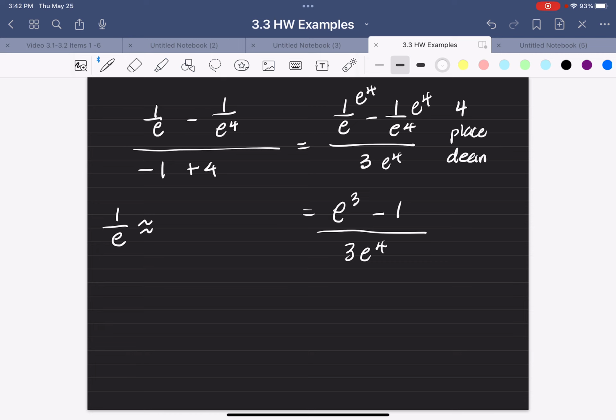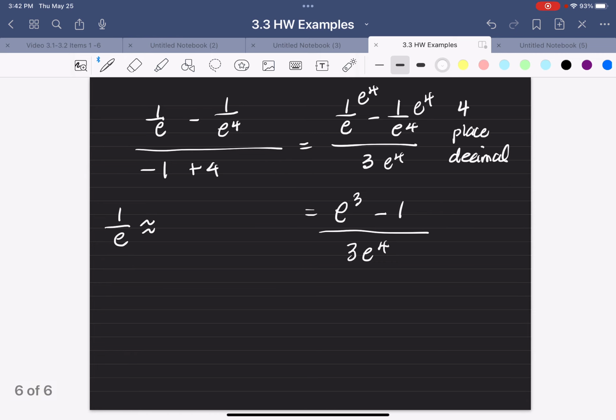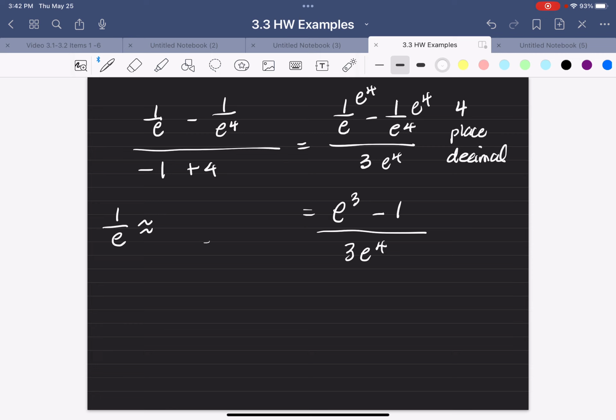Now, if you need a 4-place decimal, you better go 5 or 6 places here, so that when you round, you get it right. Okay, and you can just use the E key. So I'm going to do 1 divided by second natural log to the first is 0.367879.